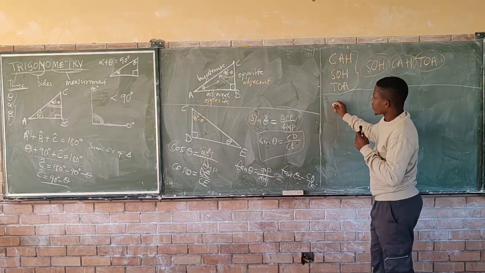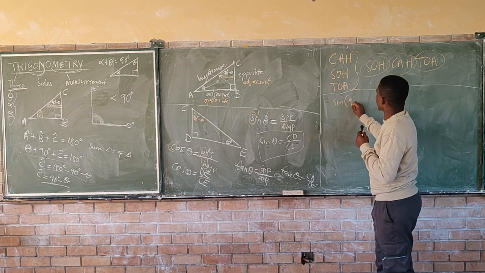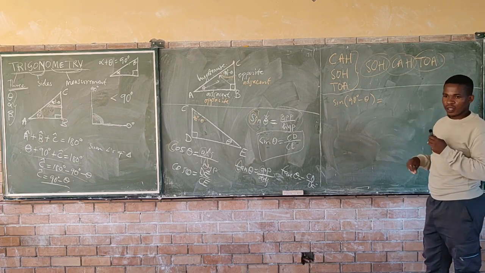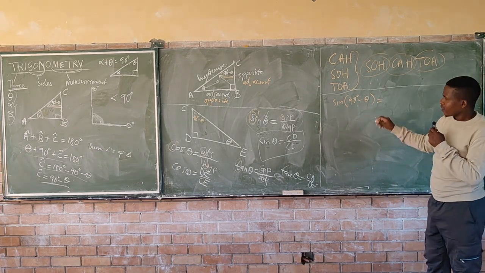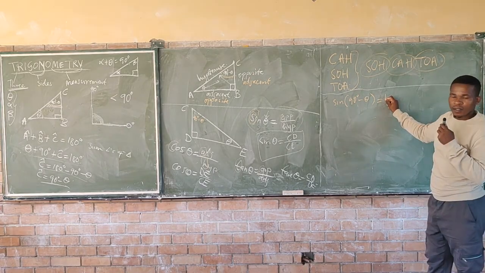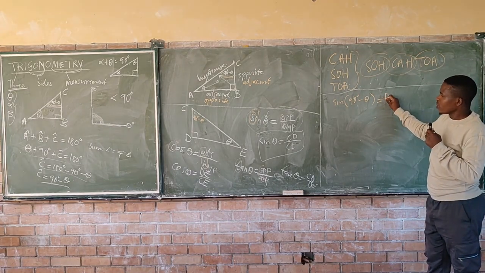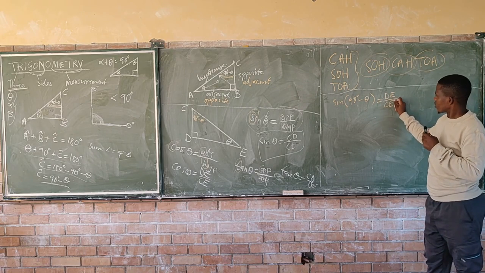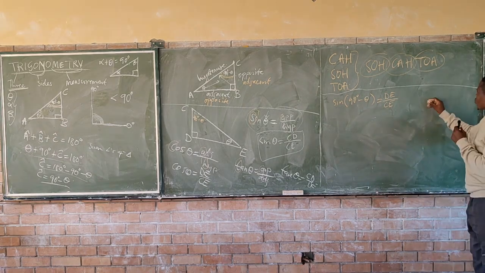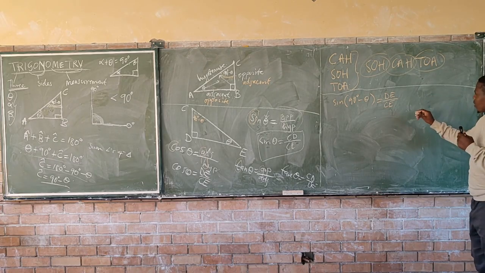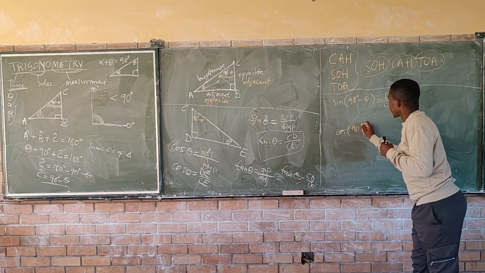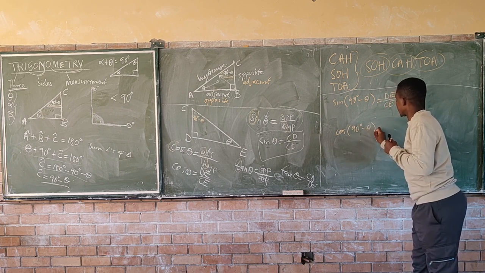So what will be sine of 90 degrees minus theta according to that? Yoba? Yeah? DE over CE. Again? Alright, what will be, let's write going down, cos of 90 degrees minus theta.